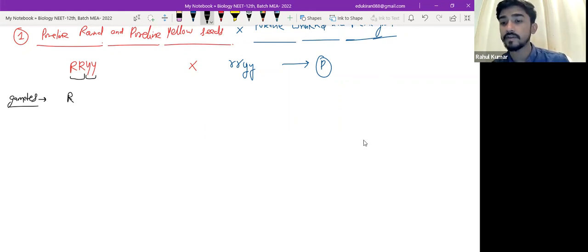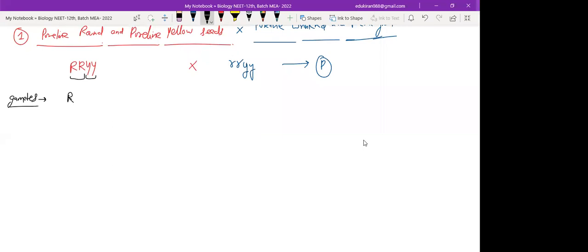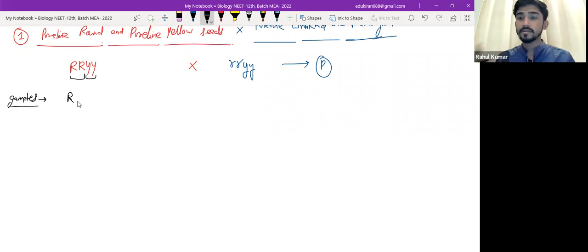There has to be information for seed color as well. When characters are more, in each gamete there will be one copy of every character. Otherwise, this gamete just has the information for seed shape. What about seed color? So seed color will also be there. RY will be one gamete, right?